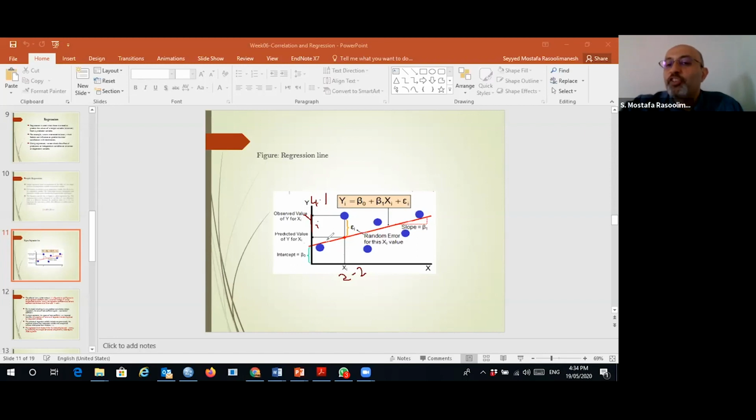But when we draw this line, based on this line, for this x, the value of y will be this one. So the value of y is different from the real value of y. For example, here the value of y is 3.5.